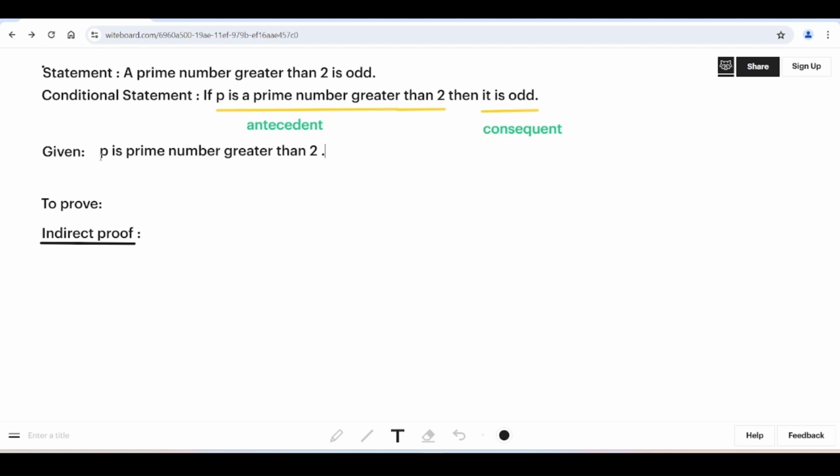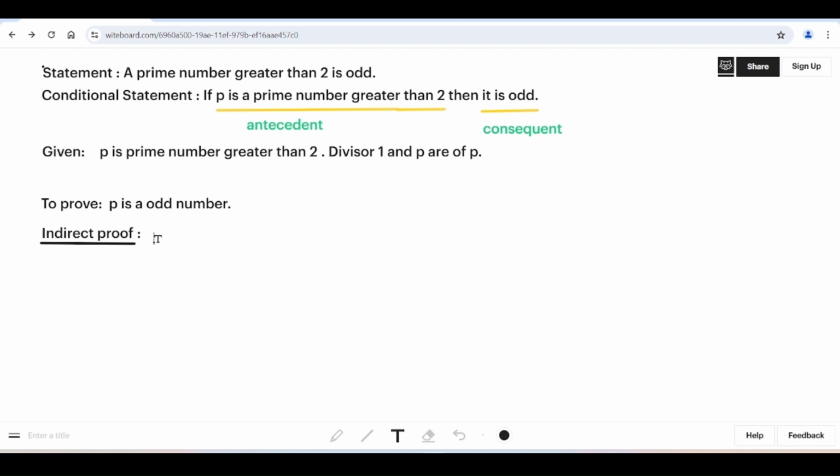As it is a prime number, the divisors of the prime number should be 1 and the number itself, that is, 1 and P. Now, what we want to prove is that P is an odd number.